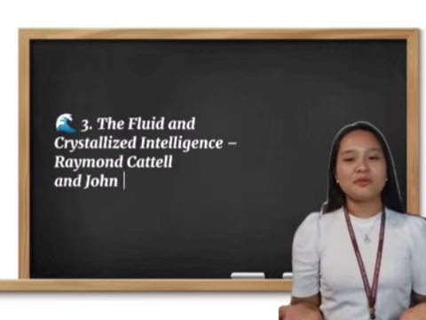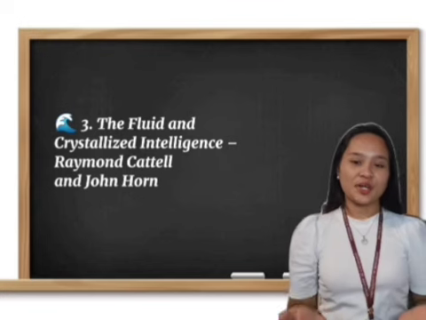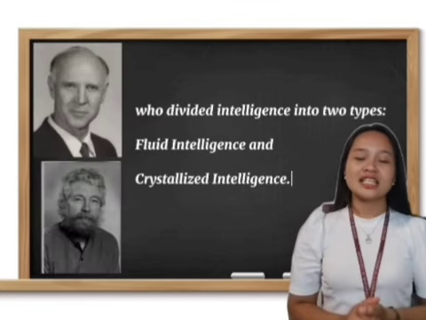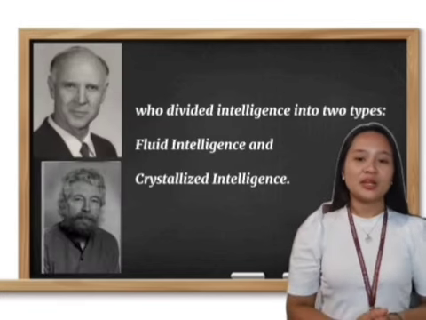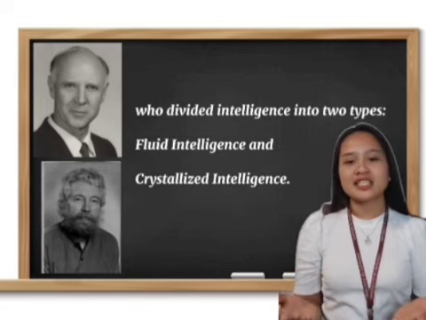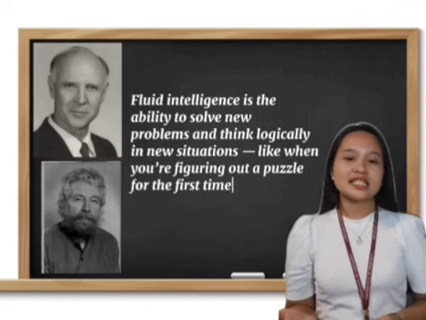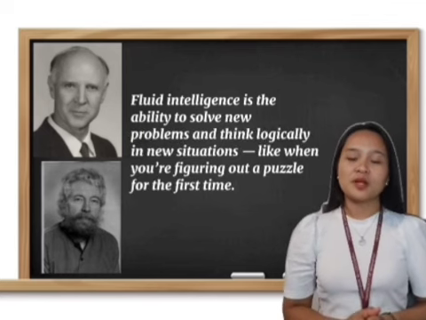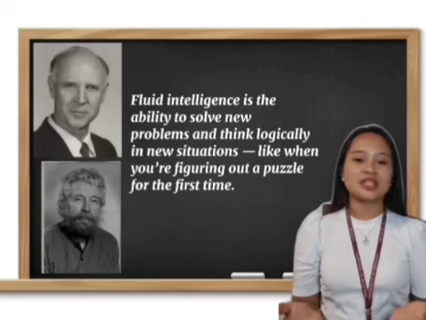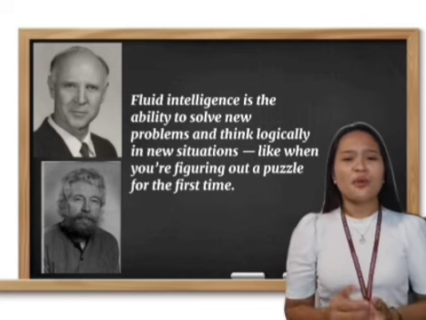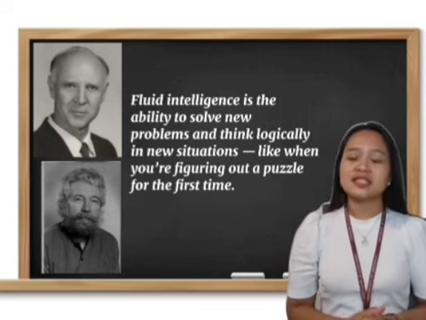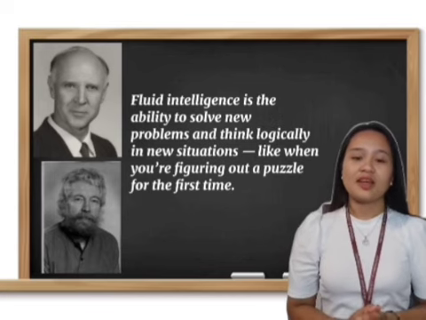Then we have Raymond Cattell and John Horn, who divided intelligence into two types: fluid intelligence and crystallized intelligence. Fluid intelligence is the ability to solve new problems and think logically in new situations, like when you're figuring out a puzzle for the first time.